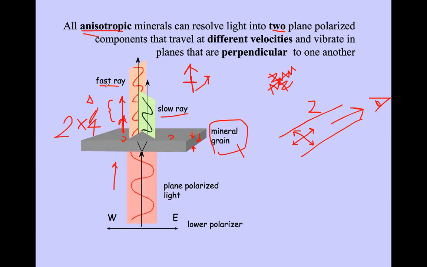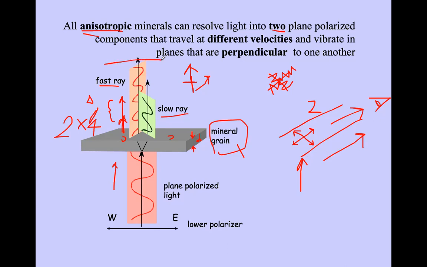These fast and slow rays vibrate perpendicular to each other, but they are moving along one direction, because it is going from the sample to the eye, through the upper polarizer.